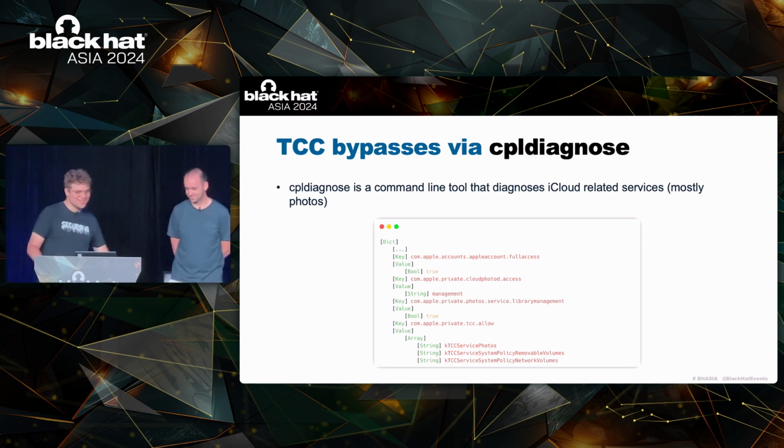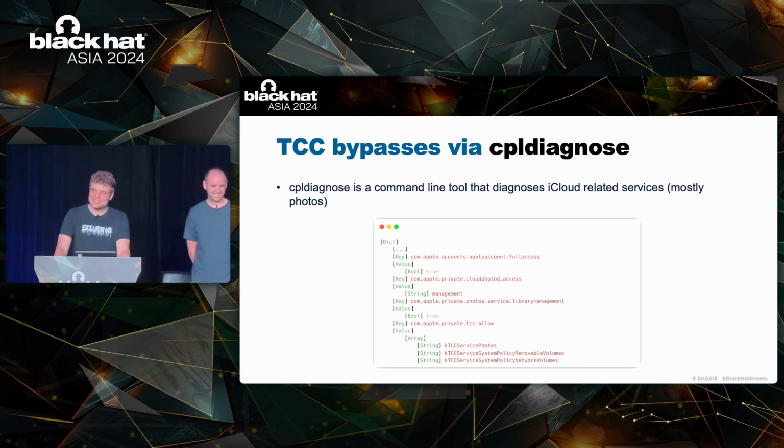Okay, my turn. So I spotted a command line tool, CPL diagnose, which diagnoses mostly iCloud-related services. And as you can see in the screenshot, it is heavily entitled with private Apple permissions.